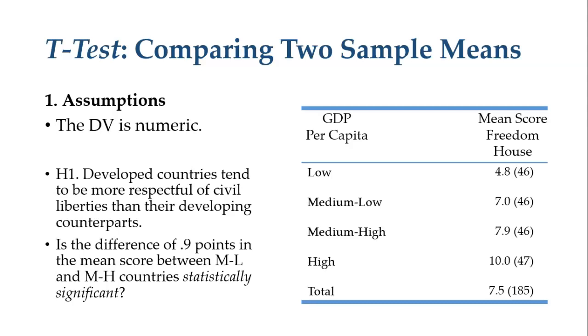But here we want to focus just on the difference between medium low and medium high countries. That 0.9 difference, okay? And we want to know if that difference is statistically significant or not, because it seems to be small, right? It's just 0.9 points on a scale that goes from 1 to 12. Is that significant? We will see.